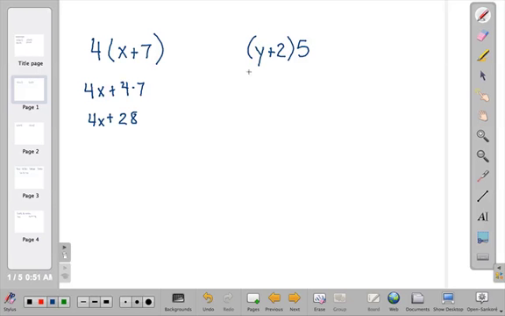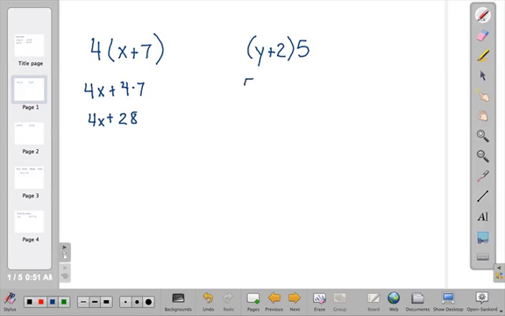Here's another one. Y plus 2 parenthesis 5. Notice that the number that we're going to distribute doesn't always have to be on the left side of the parentheses. It can also be on the right side of the parentheses. So I'm going to distribute the 5 to each of the terms on the inside of the parentheses.